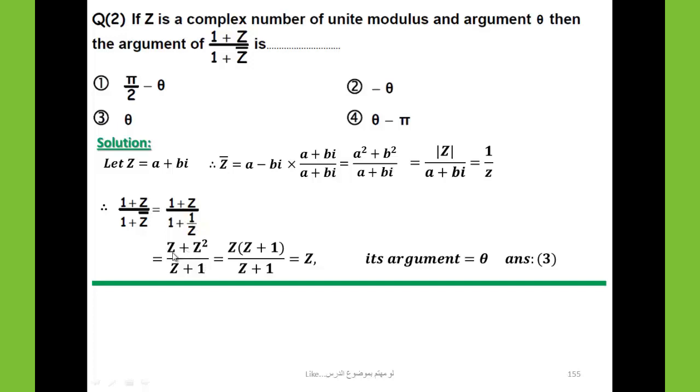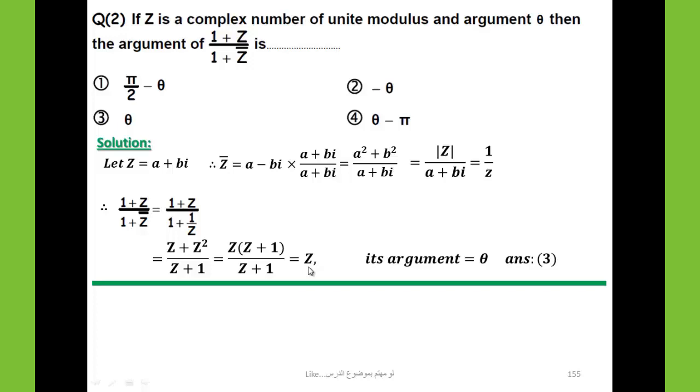We can take z as a common factor, so we have between brackets z plus 1, over z plus 1. Simplify. So we get z plus 1 over z plus 1 equals 1. Multiply z equals z. So the given fraction equals z.